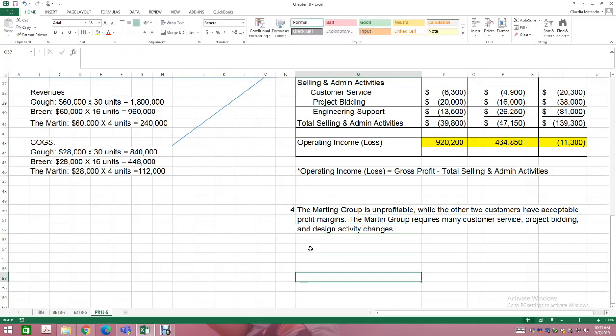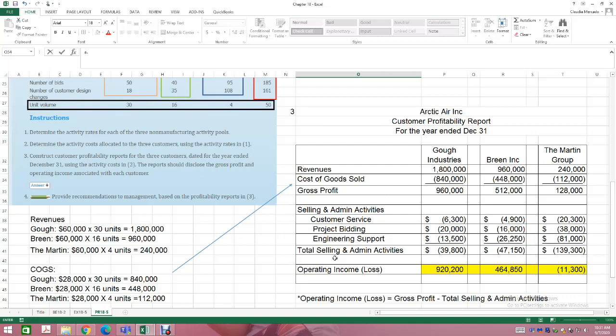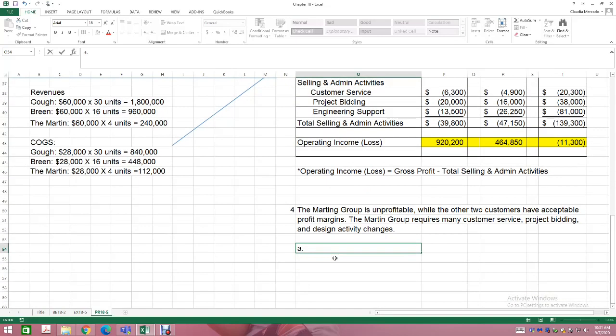So what do we recommend? I'm not going to give you a whole bunch of recommendations. I'm going to let you do that critical thinking component. My focus was that you know how to do the numbers. So what are they asking us to do? Recommendations to management. What do we recommend management does with the Martin Group?